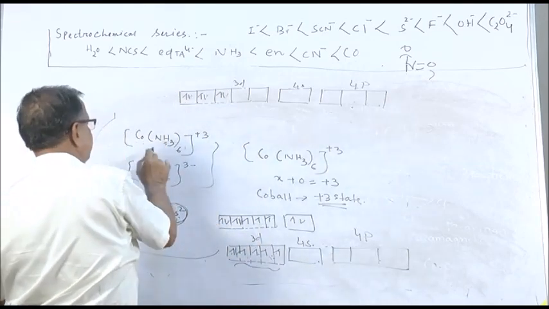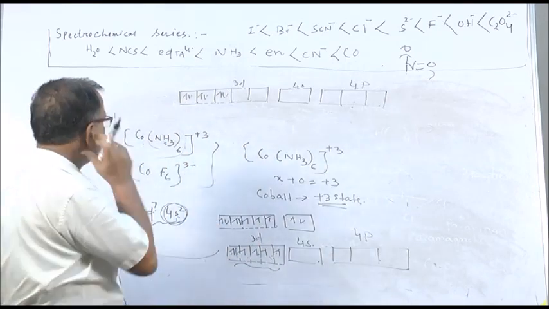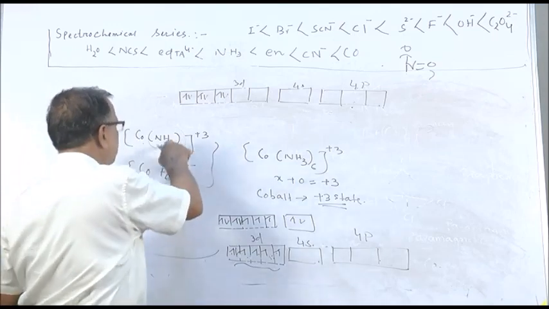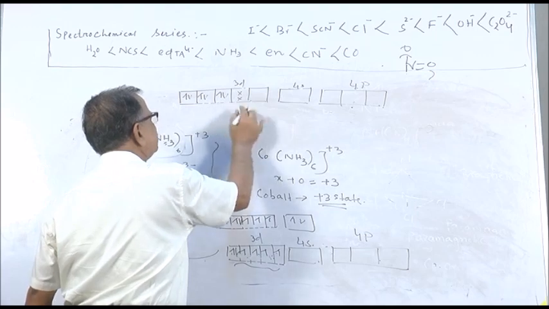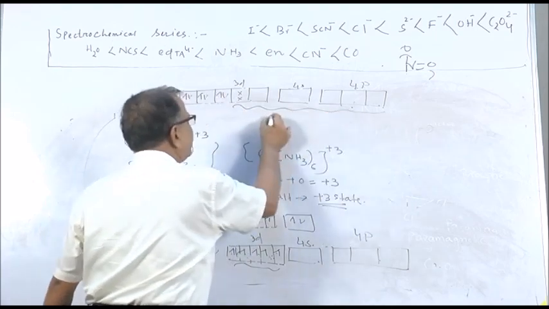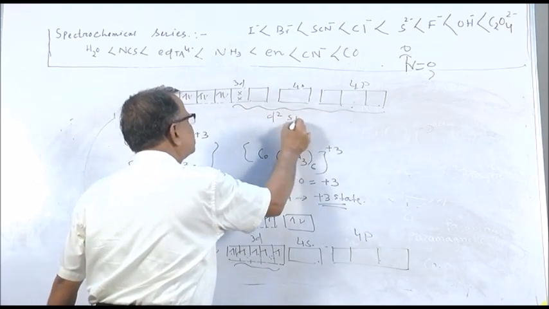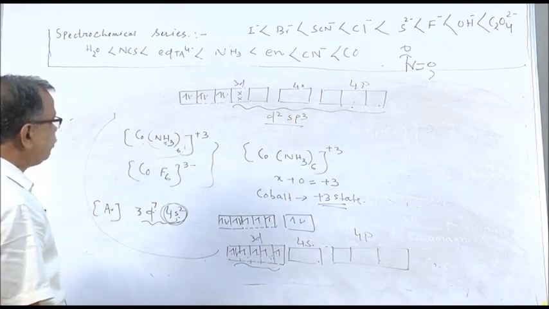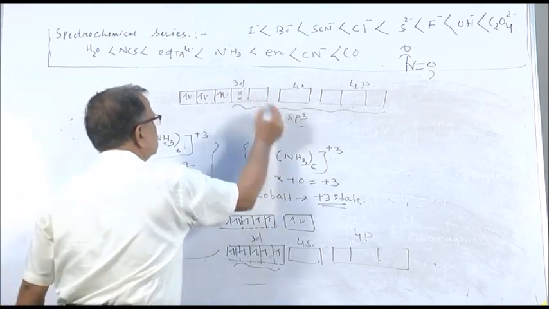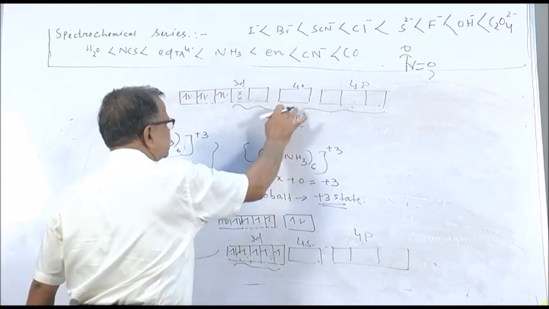Since there are 6 ligands, 6 ammonia, 6 electron pairs are donated by the ammonia NH3 to the hybridized orbitals, d2sp3. d2sp3 means two d, one s and three p.